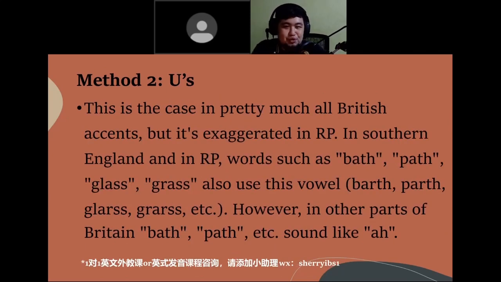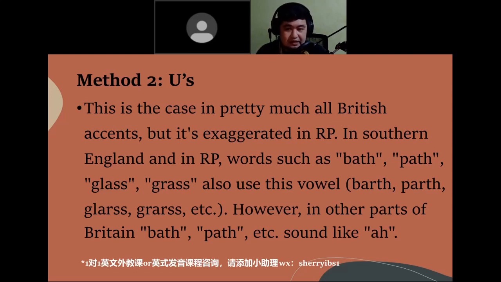This is the case in pretty much all British accents, but it's exaggerated in RP. So what's the meaning of RP? There are two most common uses. As I've said earlier, we have discussed a little Queen's English or Oxfordian, upper classes, posh. And the other aspect, the opposite of that, is RP, or received pronunciation.